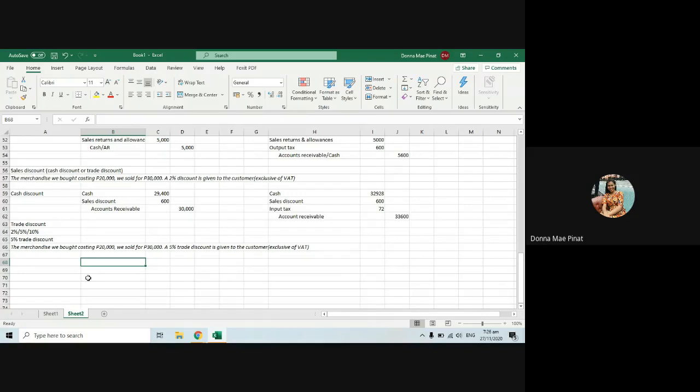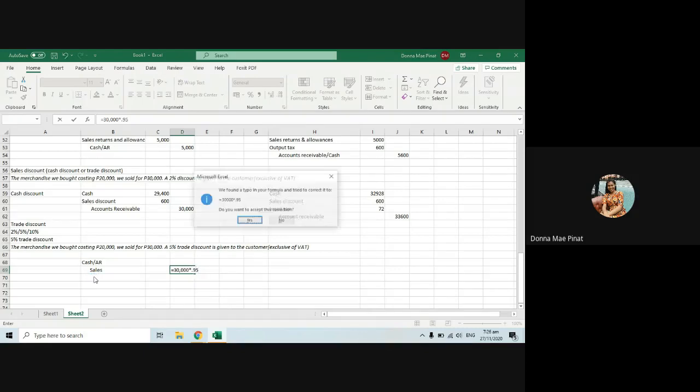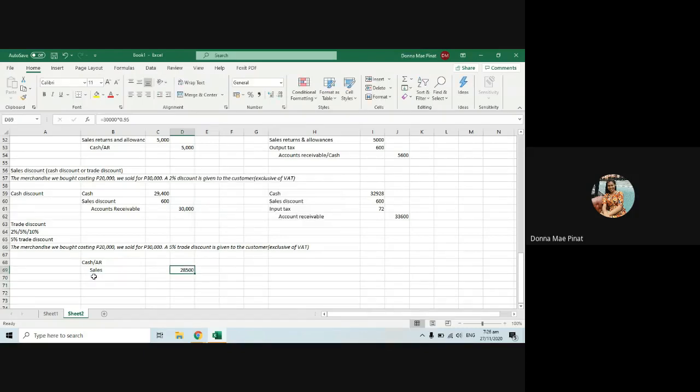So, ang mahitabo is, for example, kung cash or accounts receivable, sales. That is 30,000 times 0.95. Yes, 28,500 ay mga dawatan.